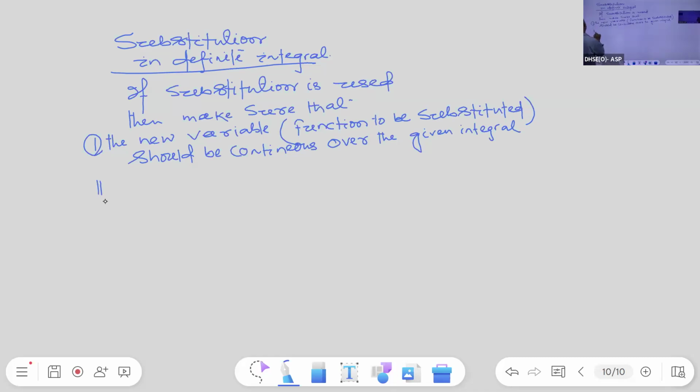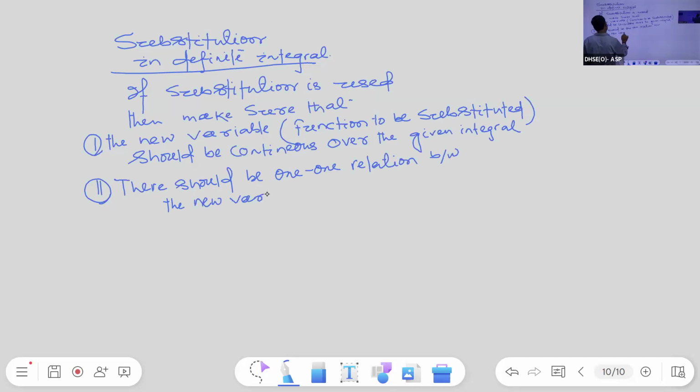Second point is there should be 1-1 relation between the new variable and the old variable.